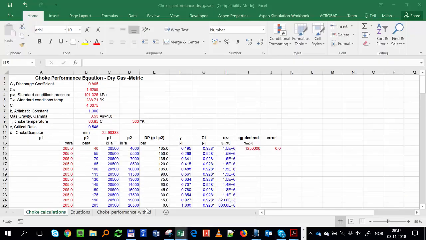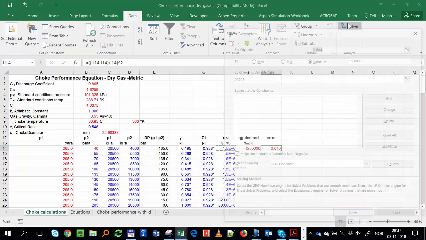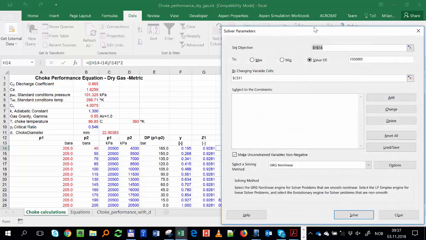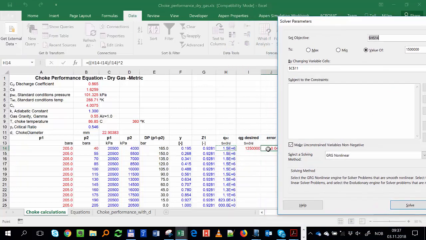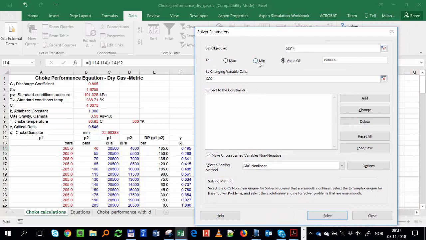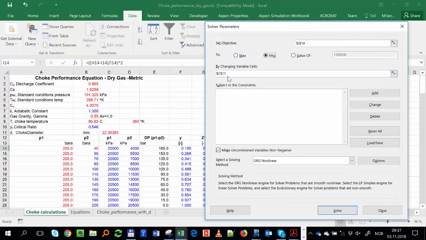Okay, so let's look at that error. Okay, so it's very small, and let's see now if the solver works. Let's see if it's going to cry or not. Solver, please take this error that I have, take it to a minimum by changing the value of the diameter.